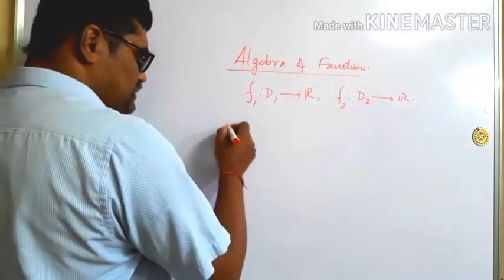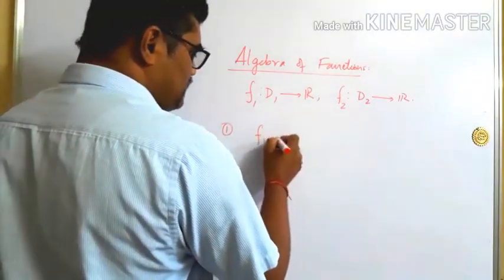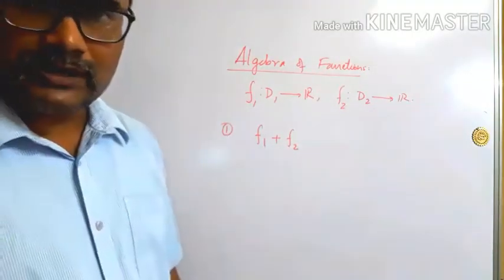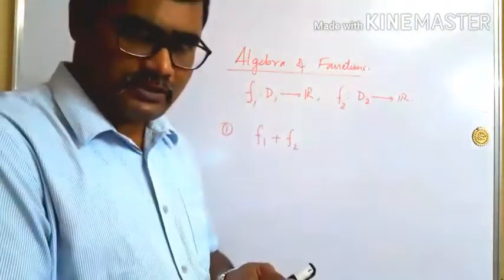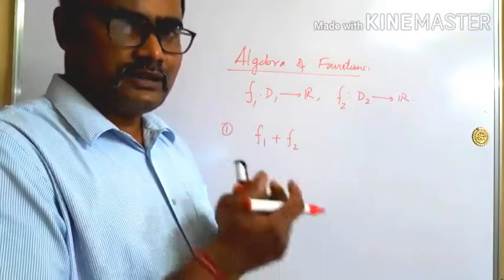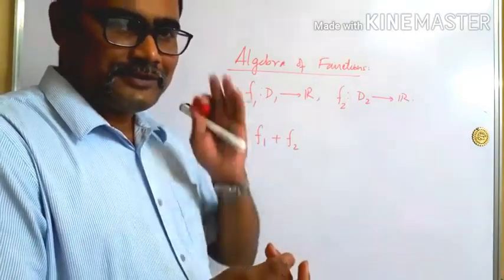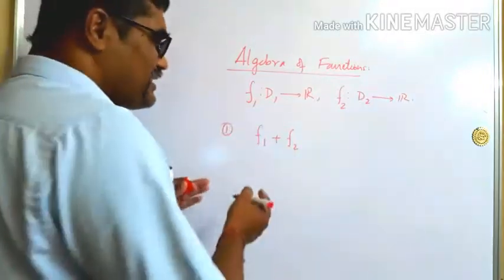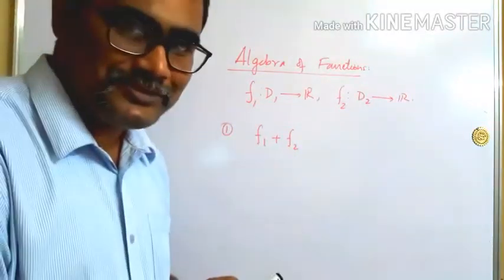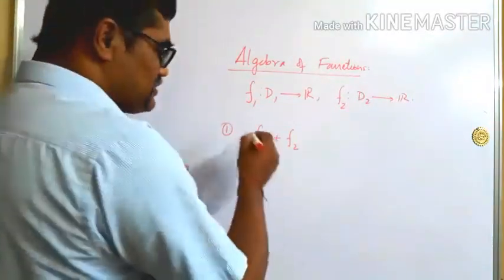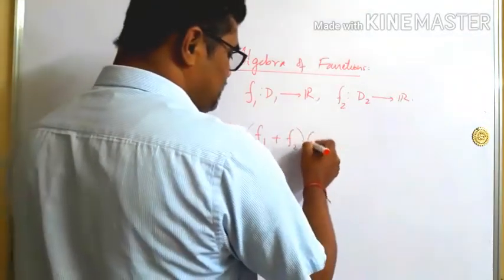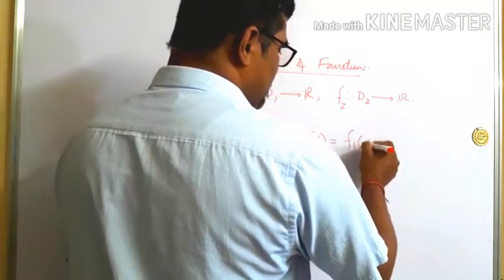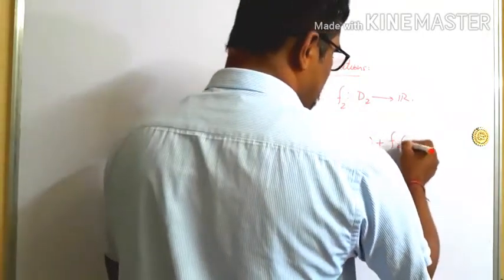In that case, if I would like to add them, F1 plus F2 will also be a real function. Now, from which domain? That's a very important thing. And what is the working rule? The working rule is that (F1 plus F2)(x) is equal to F1(x) plus F2(x).